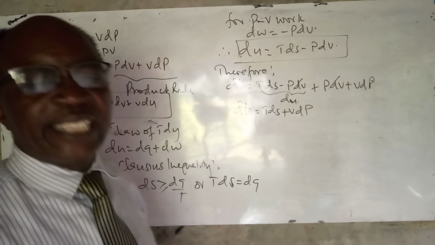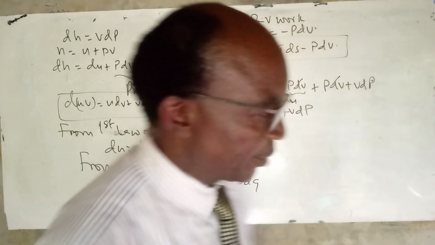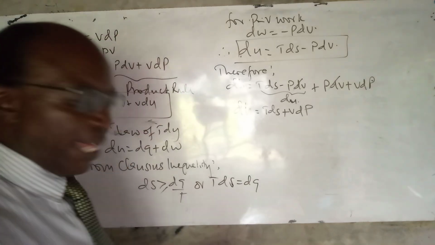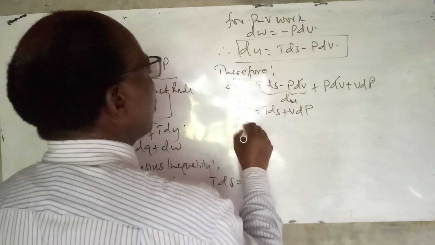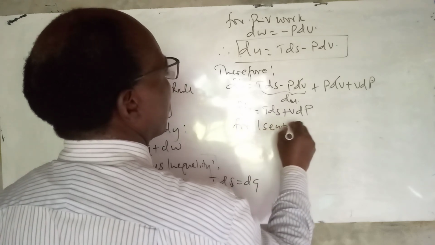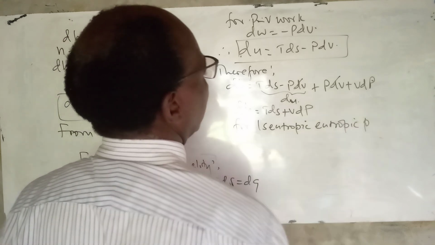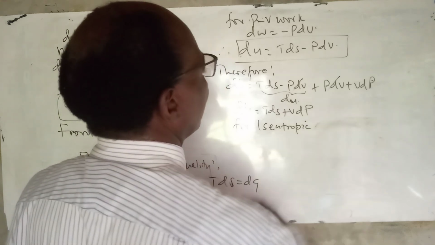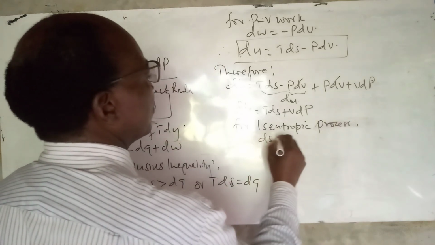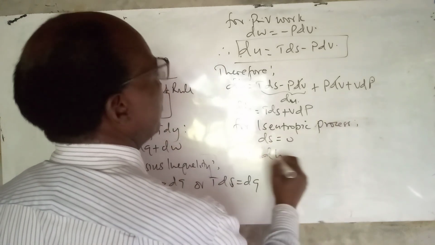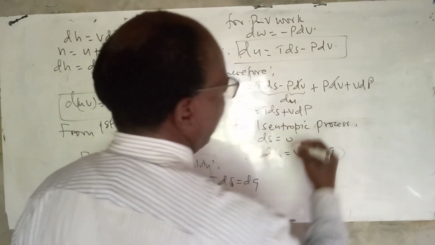If we are talking of an isentropic process, that is, the entropy is constant, which we use significantly in the Rankine cycle, then dS is 0, therefore dH will be equal to V dP. This is an important expression, let's call it 1.